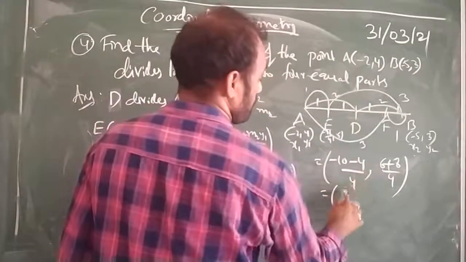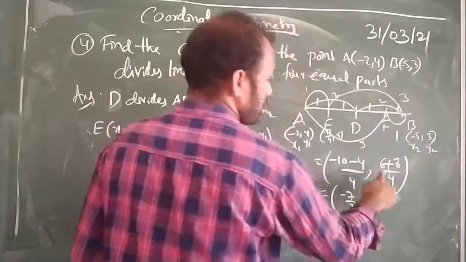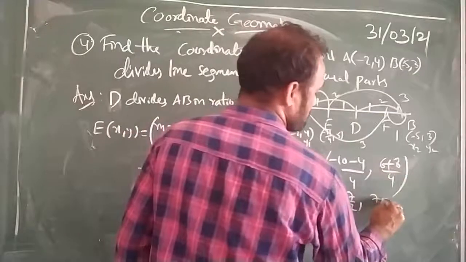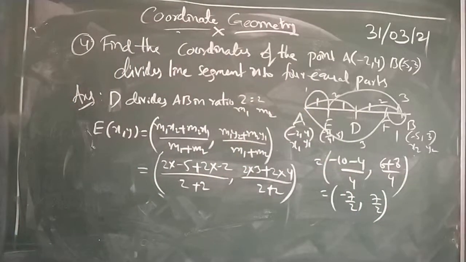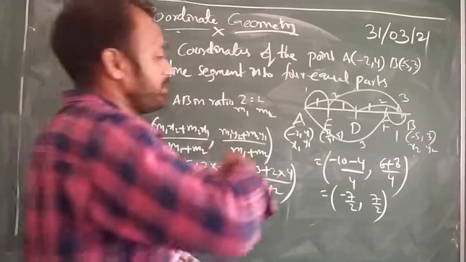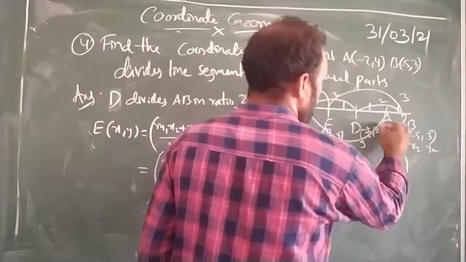So minus 14 by 4, which is minus 7 by 2, comma, 14 by 4, which is 7 by 2. So these are the coordinates of point D. Let me write here. Minus 7 by 2, comma, 7 by 2.